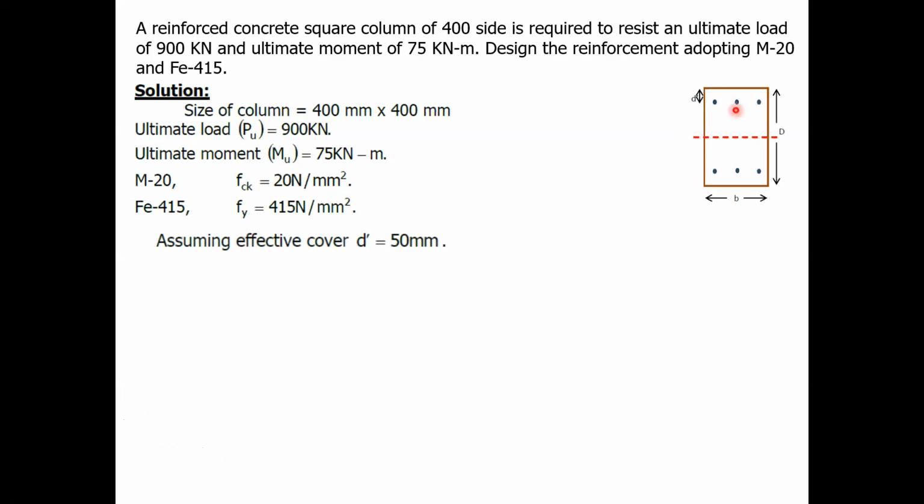Okay, so take down this rough sketch, and here the reinforcement is not given. So this is just an initial assumption. We will consider just 3 and 3, or you can consider 2 and 2.